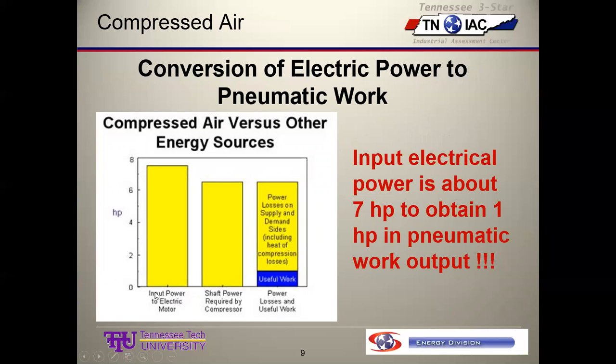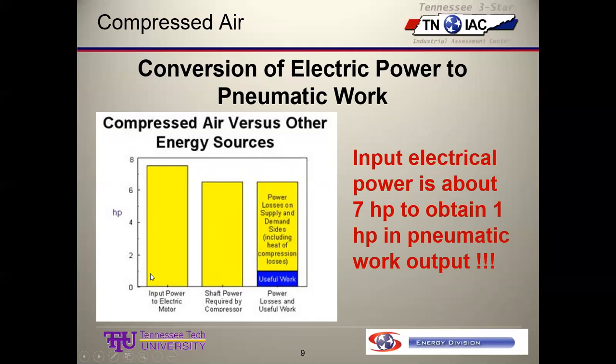Okay, if you look at where the energy that goes into an air compressor winds up, we've got this little bar chart over here. The bar on the left is input power to the electric motor, so this includes the motor inefficiency and everything.